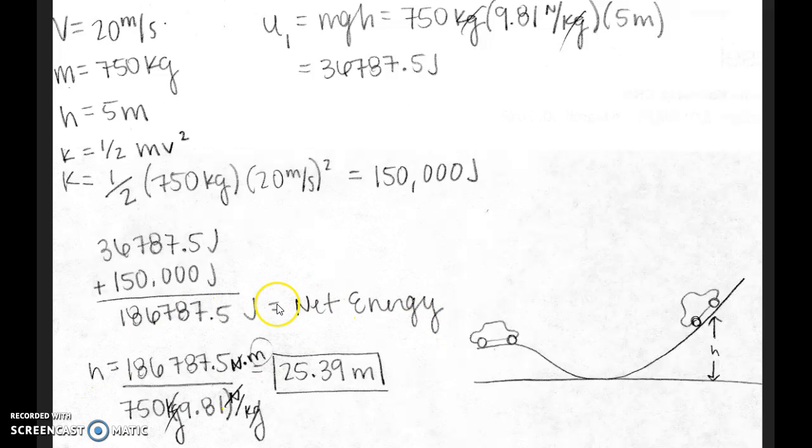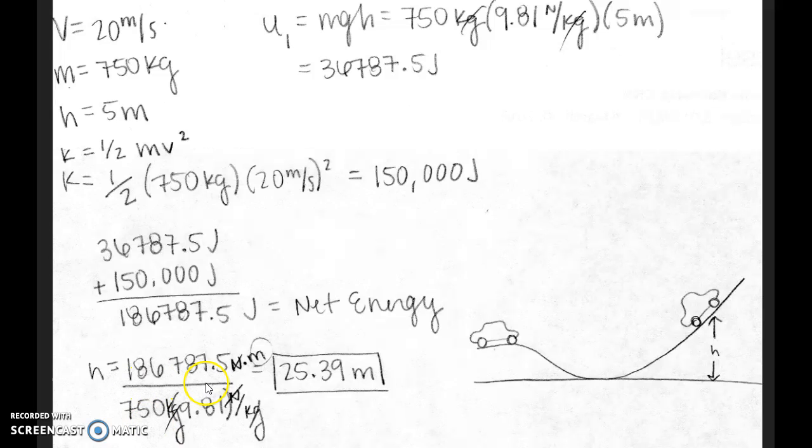Now we need that value because whenever we go to solve for the height, we need to know the total net energy in this part of the equation, and we need to divide it by the mass times the gravity. Now whenever we do that, we have this value in joules, and joules is just Newton times meters.